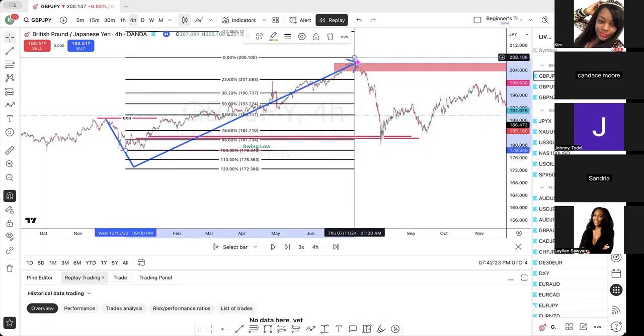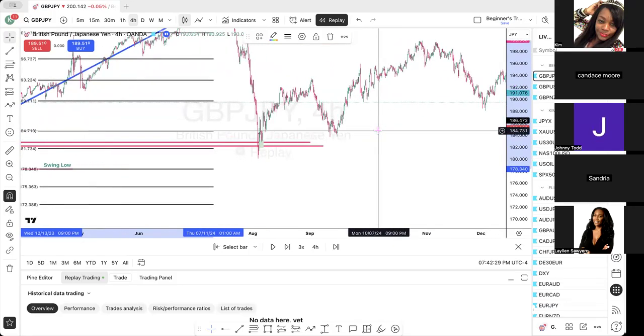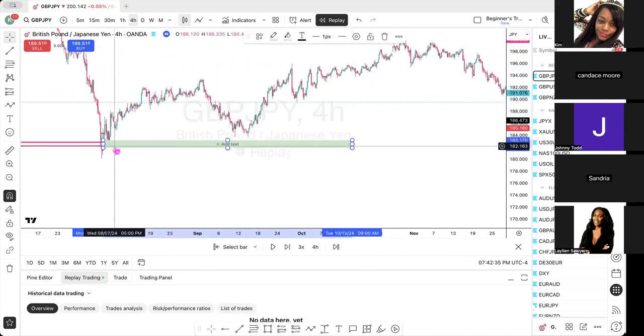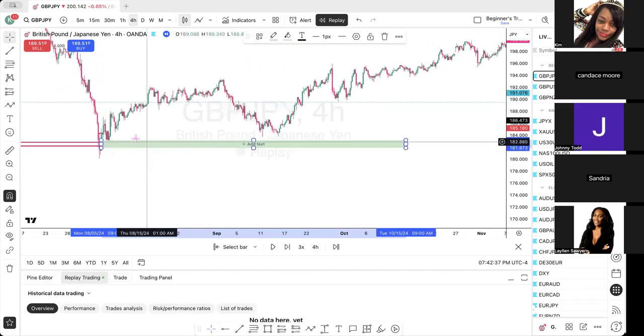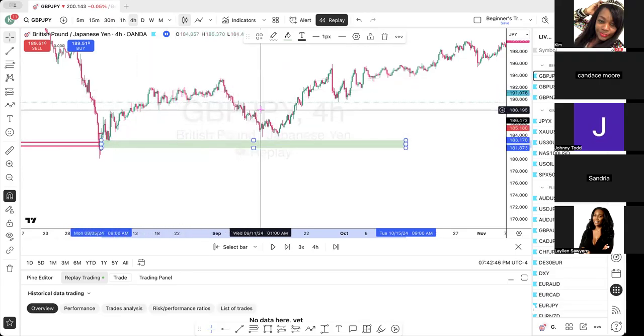Okay, that was your structure. This pulled back to the 78 or 88. You want to do the same thing. Once price breaks structure, you look for a zone. See, this is one of these zones that price didn't come back to, right? It came back when it tapped here and then left.